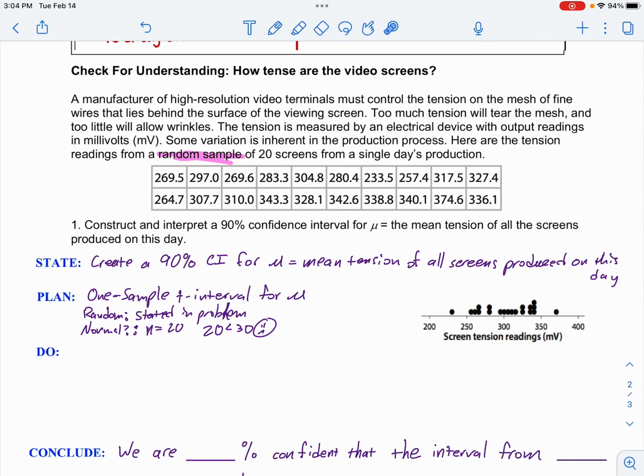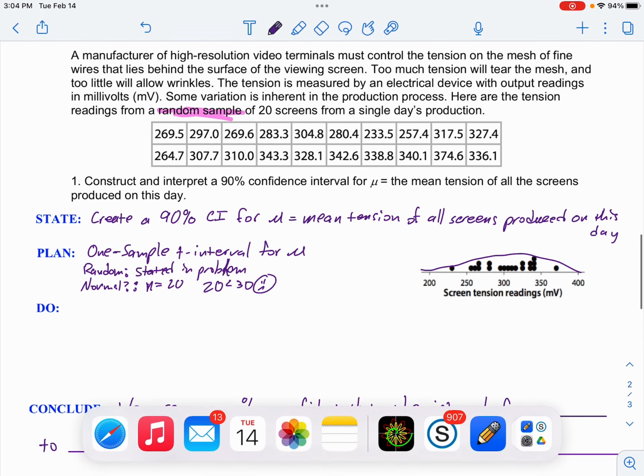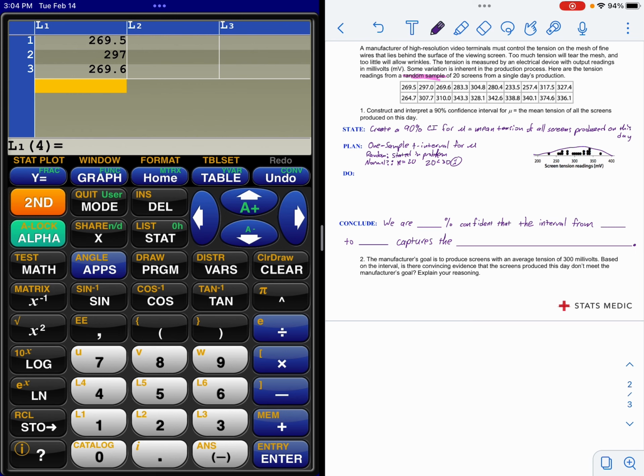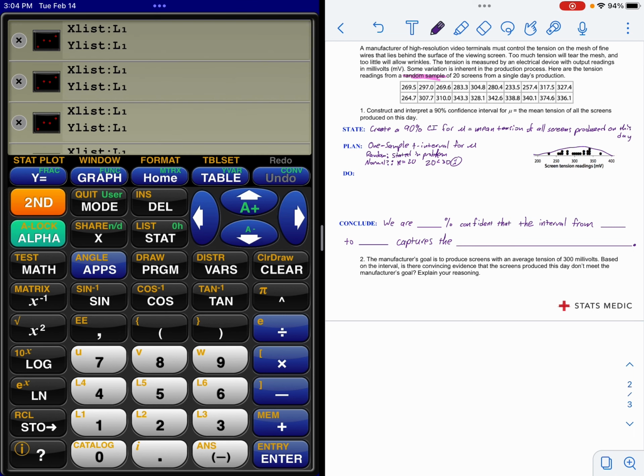Then you're going to create a histogram. You guys can't make dot plots on your TI-84, but make a bar graph, a histogram of some kind, so you can look at it and try to determine the shape. Remember, just a quick aside, to make that show up, you have to go to stat plot, which is second y equals.